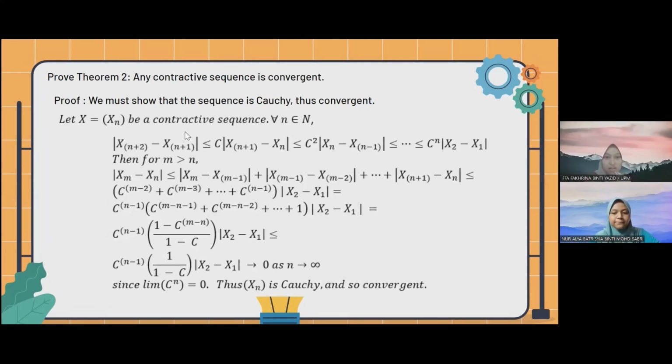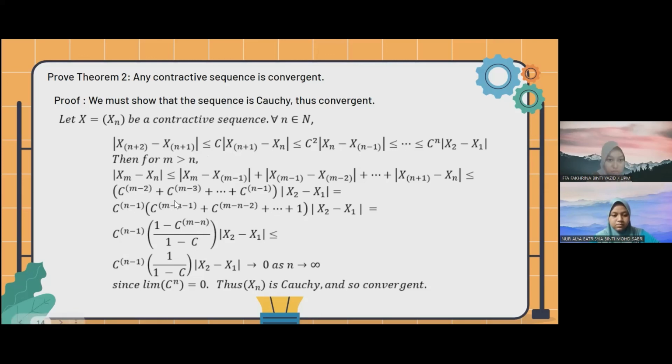Next, for m greater than n, |Xm minus Xn| is less than or equal to |Xm minus Xm-1| up until |Xn+1 minus Xn|.